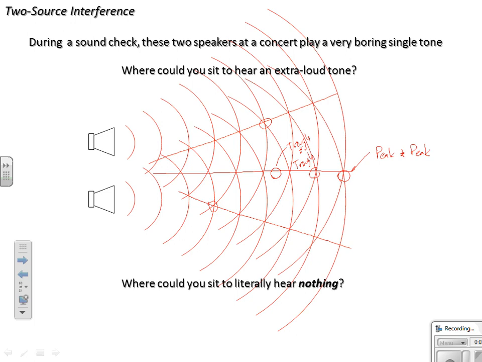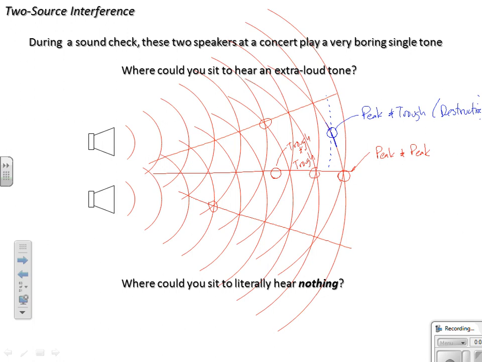There are places where you could sit and hear nothing, and those are places like right here, because right there we get a peak and a trough. Here's the peak of one, and this is the trough between the two peaks of the other. So right there, those two waves would interfere destructively.